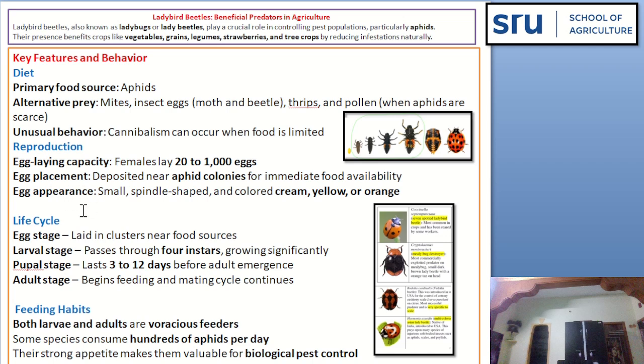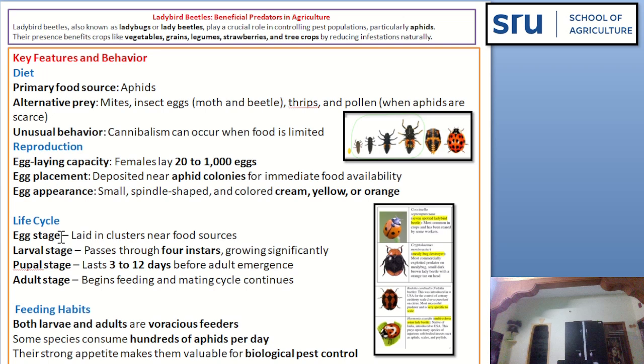Egg appearance: eggs are small, spindle-shaped, and cream, yellow, or orange in color. Life cycle. Egg stage: eggs are laid in clusters near food sources, that is, near aphid colonies.